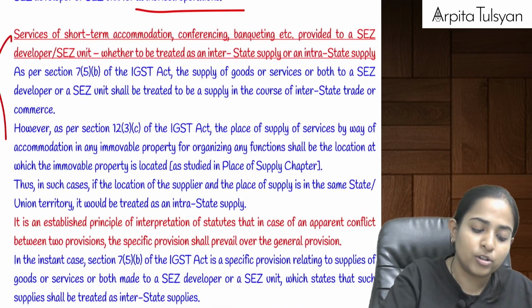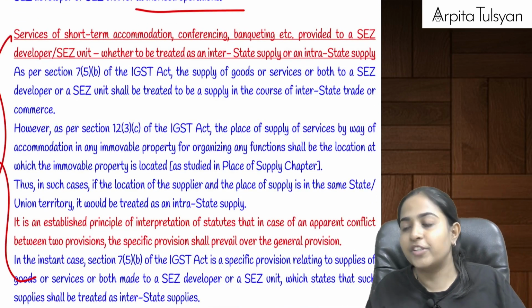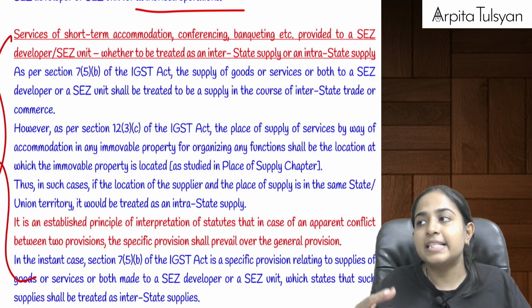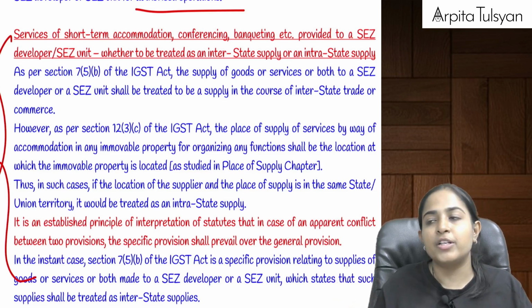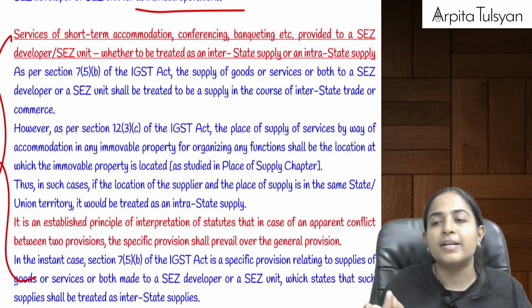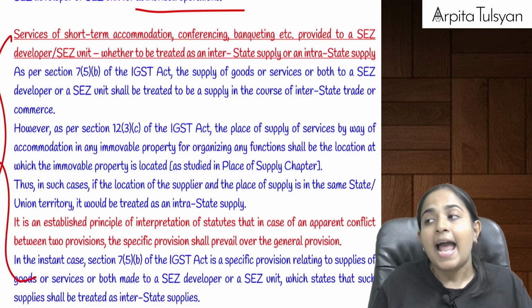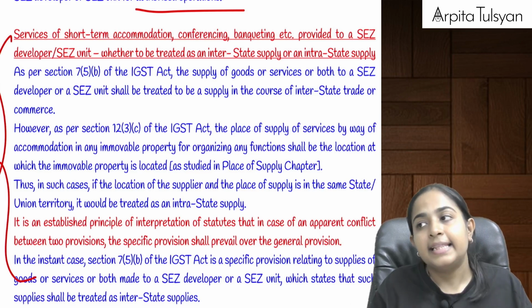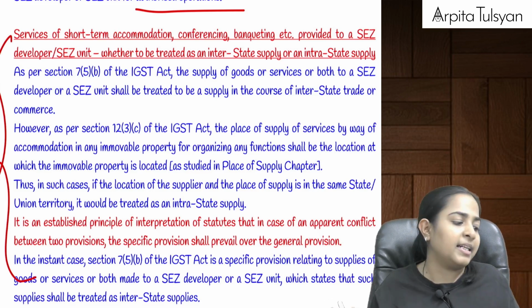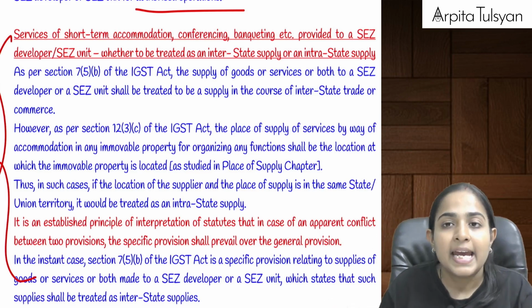Similarly, this point also we have studied earlier in one of the chapters before: if there are any services provided to SEZ, and the supplier of the service and the SEZ are both situated in the same state, and the service relates to immovable property, then we had studied in the place of supply chapter that the place of supply will be the location of the immovable property.